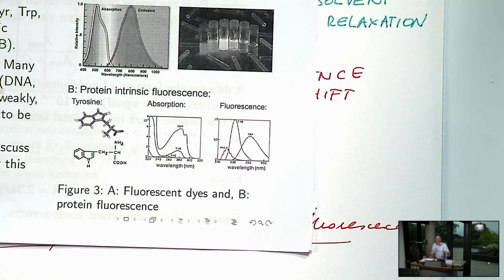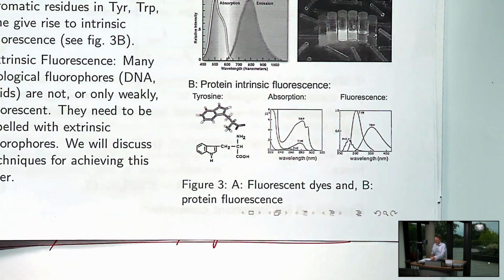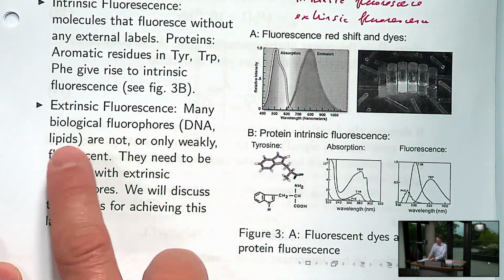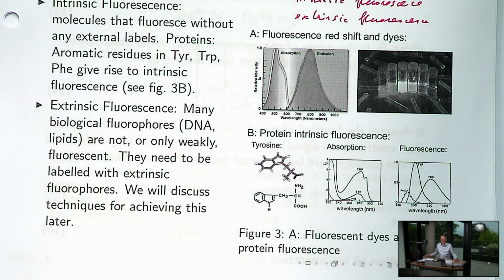So you need to label with so-called extrinsic labels. For some other molecules, such as DNA and lipids, you have no choice because they have no intrinsic fluorescence whatsoever, not in any of the spectral regions that are useful for microscopy. You can go to the hard UV and they will become absorbent and emit a little bit, but for most purposes that is not very useful.